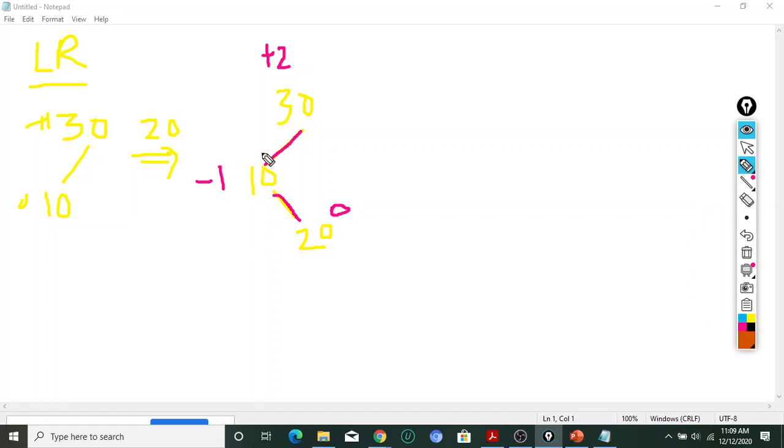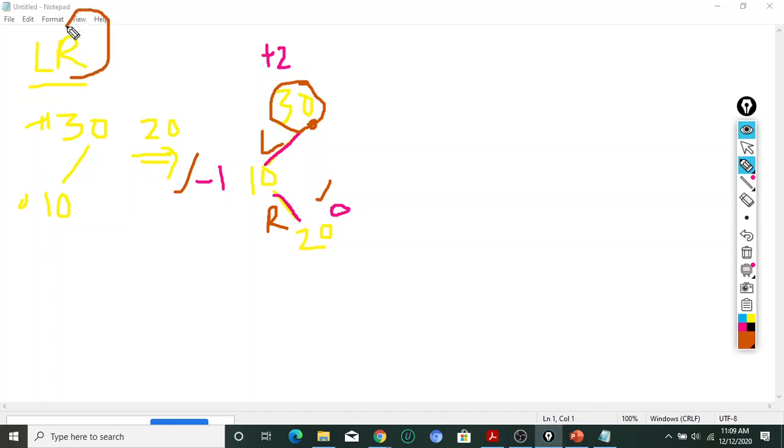Now think like this. Why is it imbalanced? This particular node is imbalanced. This is okay, this is also okay, but 30 is imbalanced. Why? Because I have inserted a node to the right subtree of the left subtree of node 30, right? So that is this one, the right one.